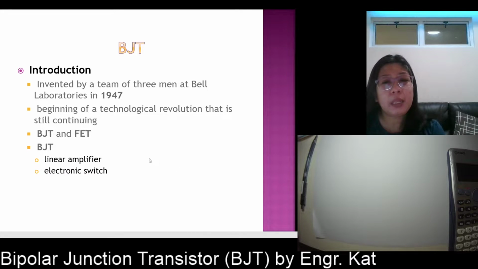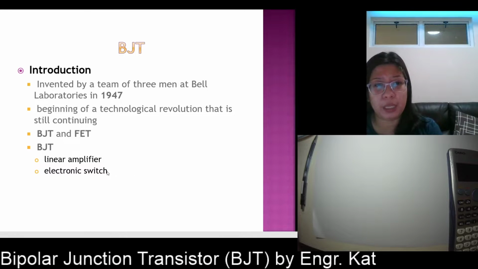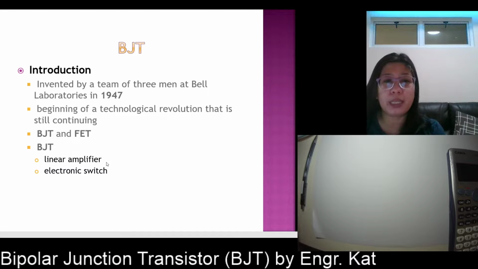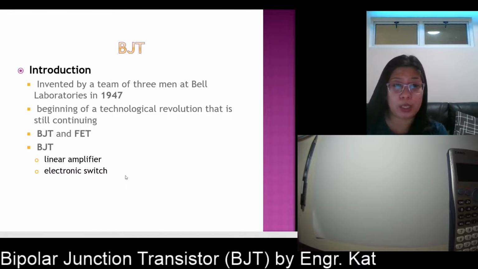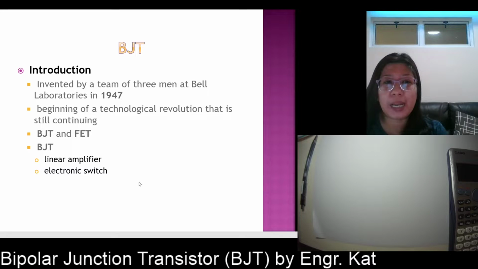So there are typically two practical applications for BJTs. BJTs are used as linear amplifiers and also as electronic switches. As we will be discussing after this, there are three regions of interest for BJT. We have the active region, the saturation region, and the cutoff region.